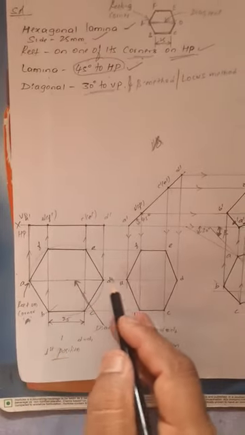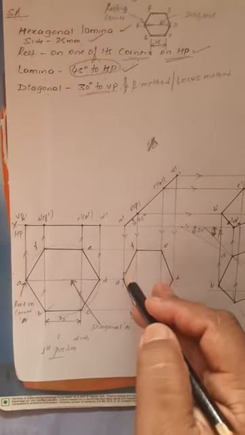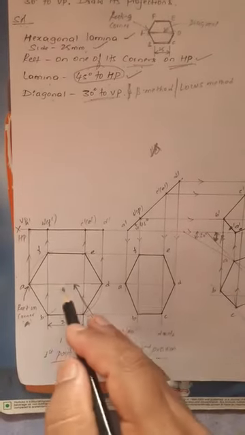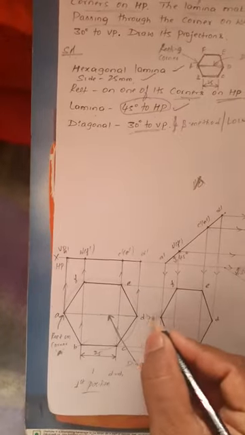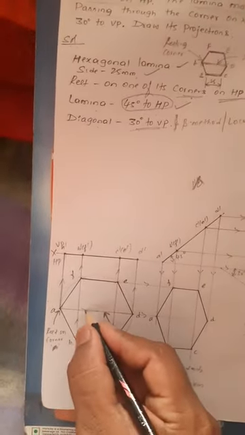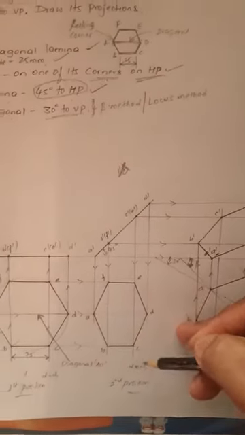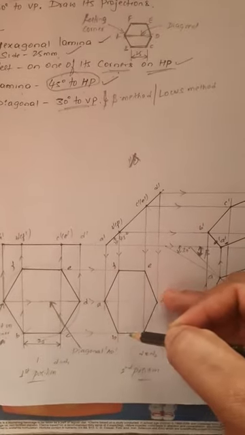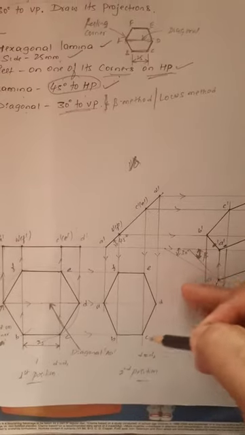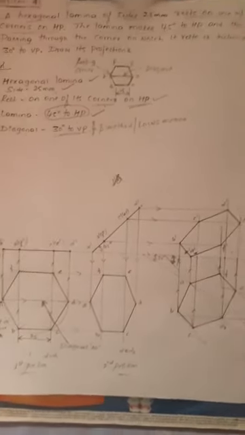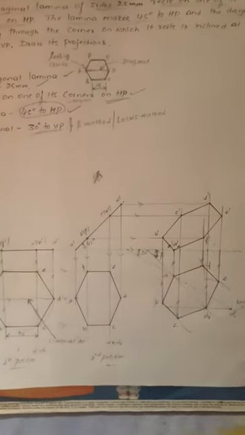Now the A horizontal projector and the A dash vertical projector intersect at point A. Similarly, the B dash vertical projector and the B horizontal projector, right? Now we'll get the second position. Once you get the corners A, B, C, D, you join those corners, and you'll get the second position top view of the hexagonal lamina.